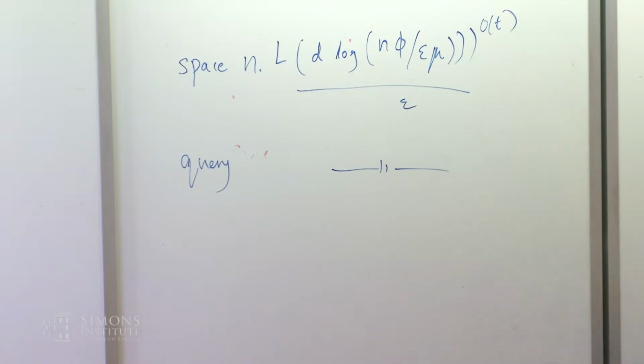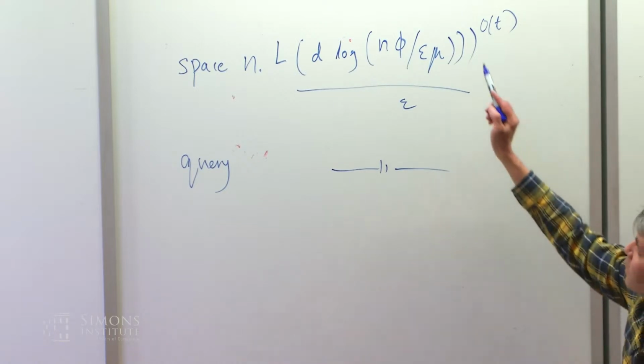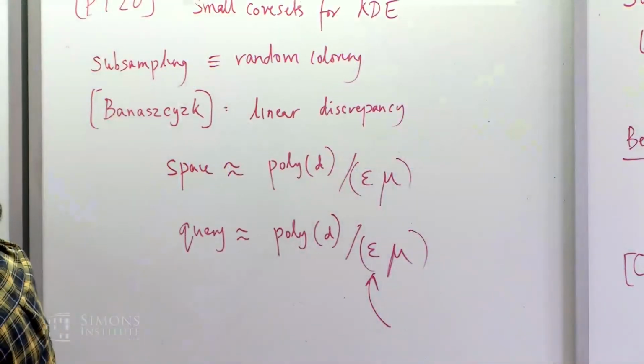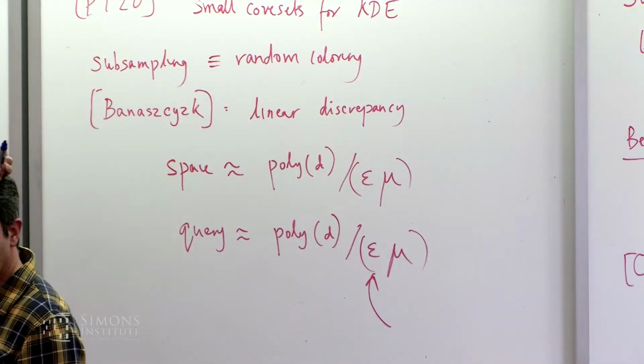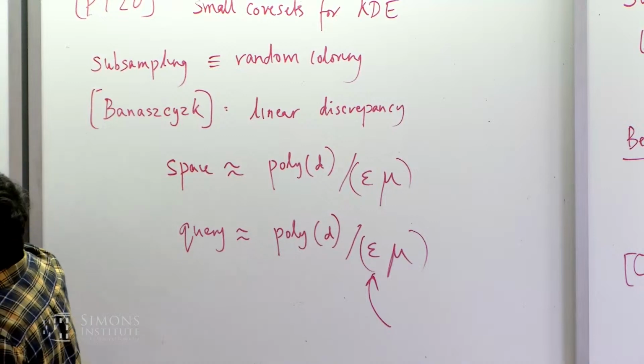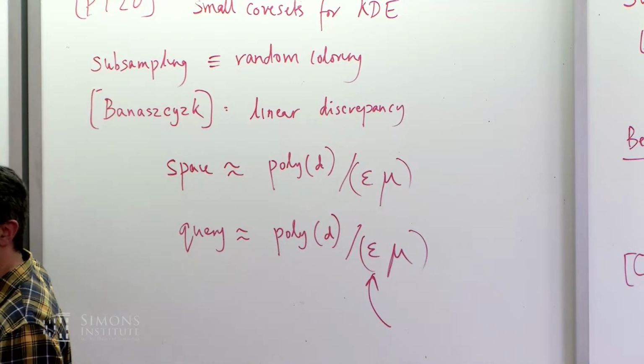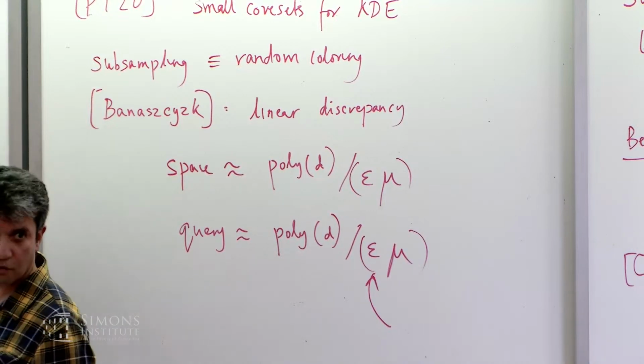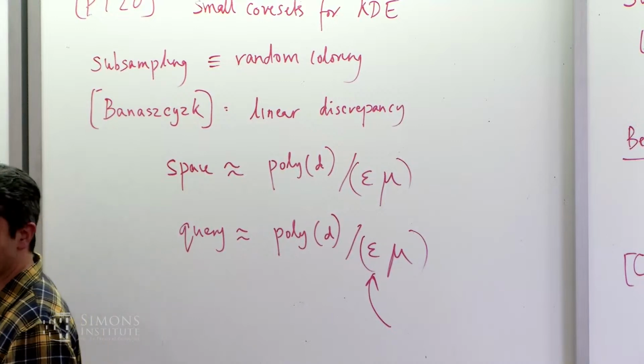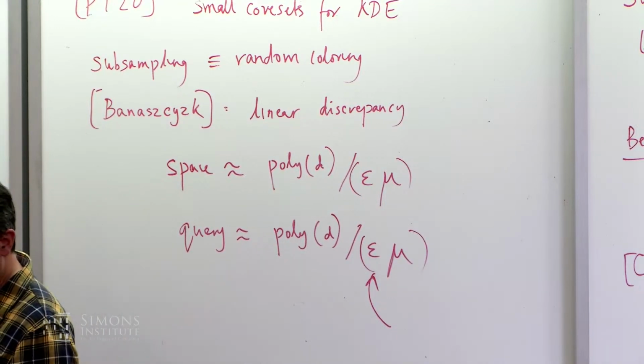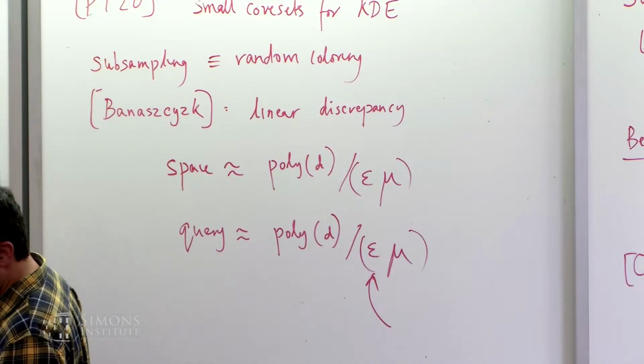Okay. So what's the main point? The main point is that we got a dependence on log 1 over mu instead of 1 over mu. We got a dependence which is linear in 1 over epsilon instead of quadratic in 1 over epsilon. Okay. There are some other additional ugly factors that we got along the way.